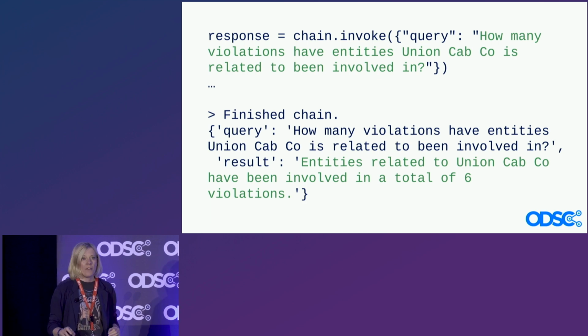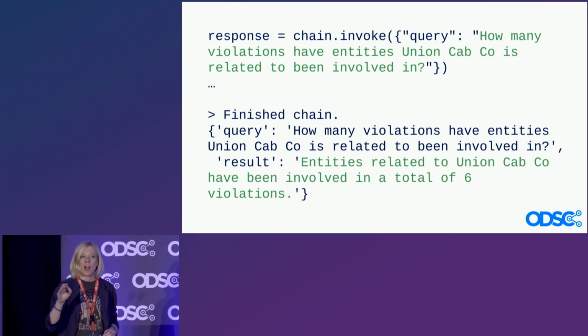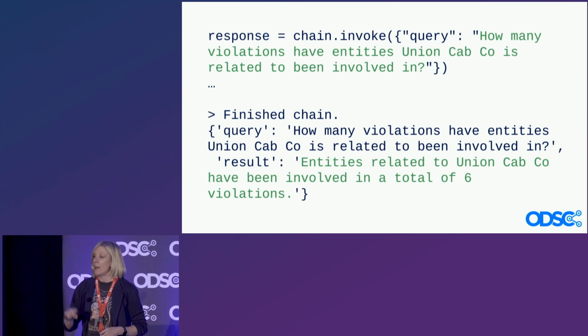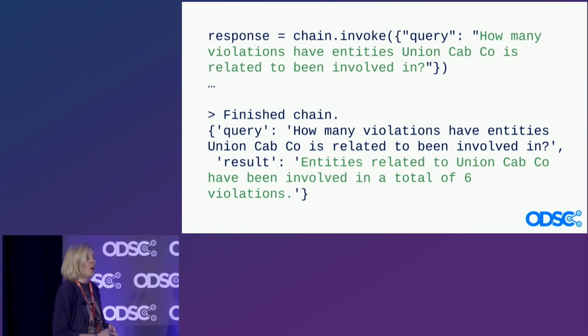I hope that motivates you to see the importance of doing entity resolution on your data, whether you want to represent it as a graph like I did, whether you want to represent it as a simpler graph, whether you want to just keep it in SQL. The bottom line here is that if you do not know who your entities are, you will not get the correct answer.